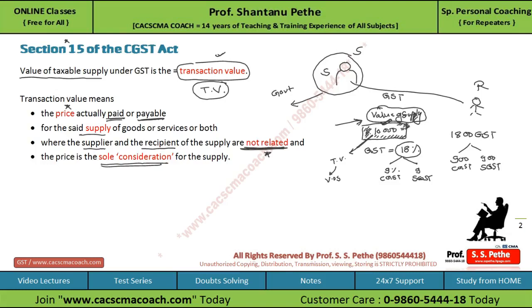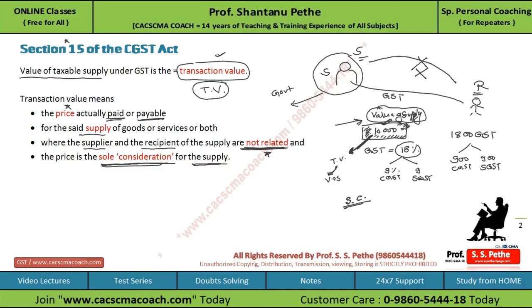And the third condition, the price is the sole consideration for such supply. It means we can take this 10,000 rupees of price as a transaction value or value of supply if these two are not related and this price is the sole consideration for such supply.